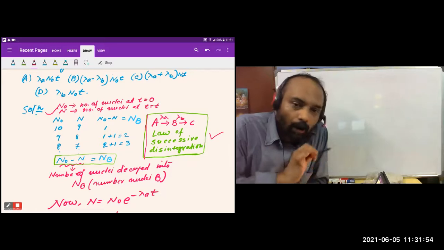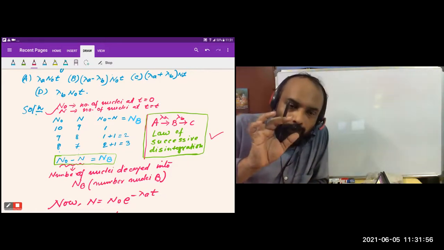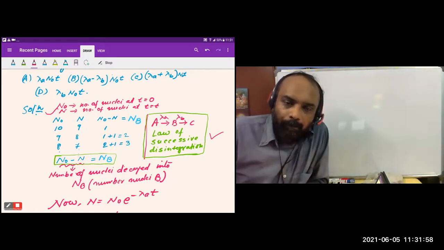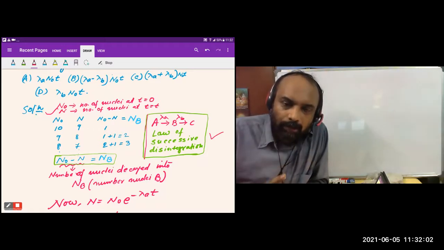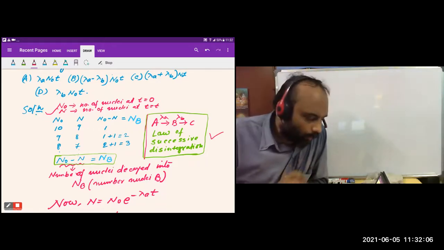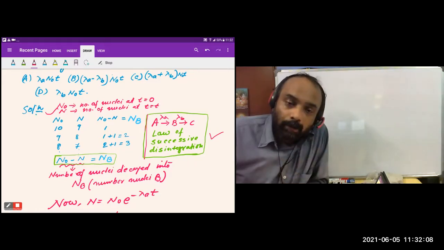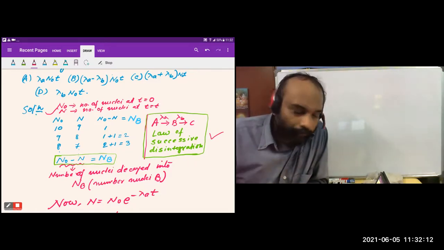Again, it decays, 1 particle. We are left with 8.